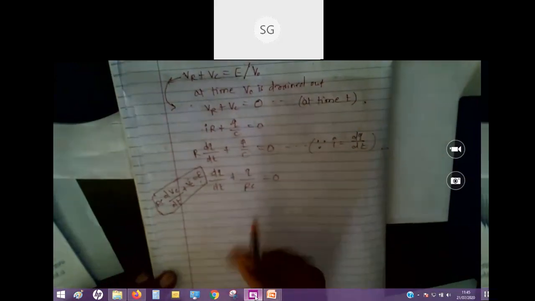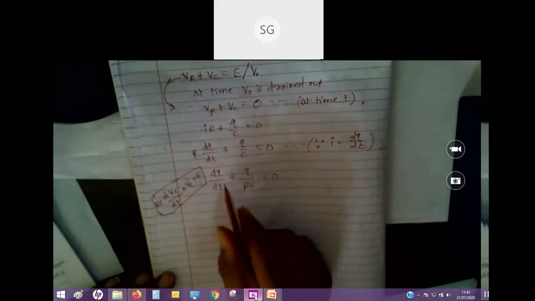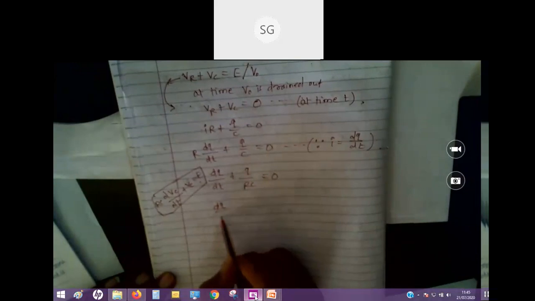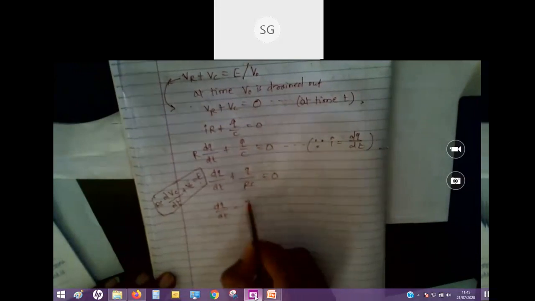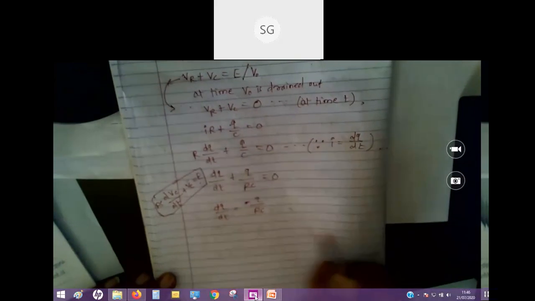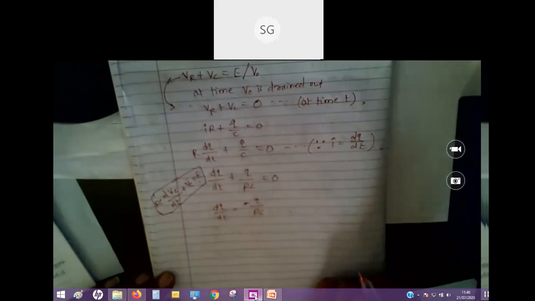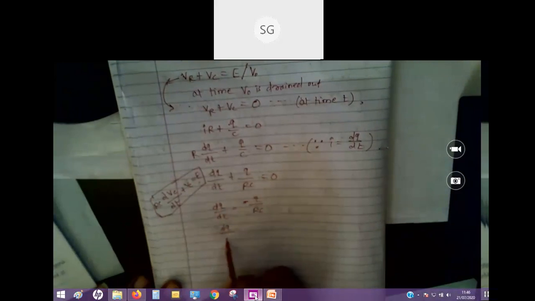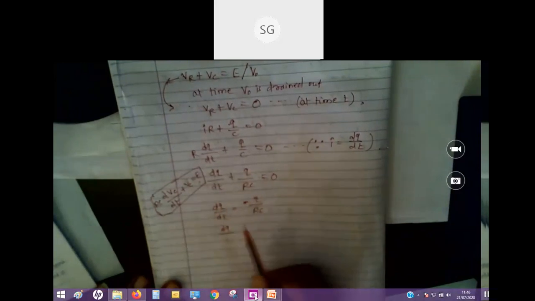Now we can move further. Since it is equal to 0, dq by dt is equal to minus q upon RC. This kind of equation can be solved by getting the terms of dq and q on one side.